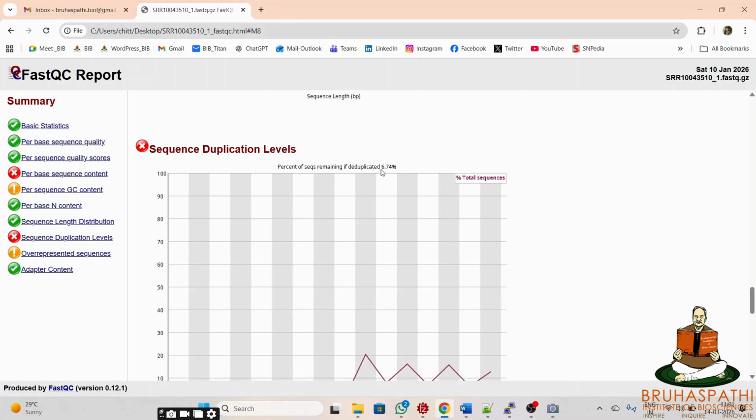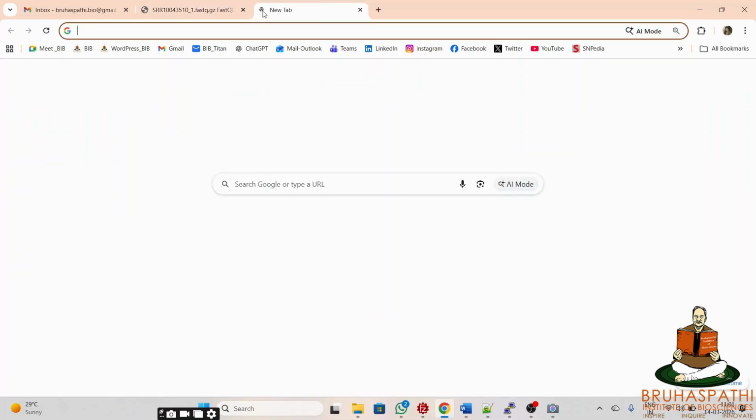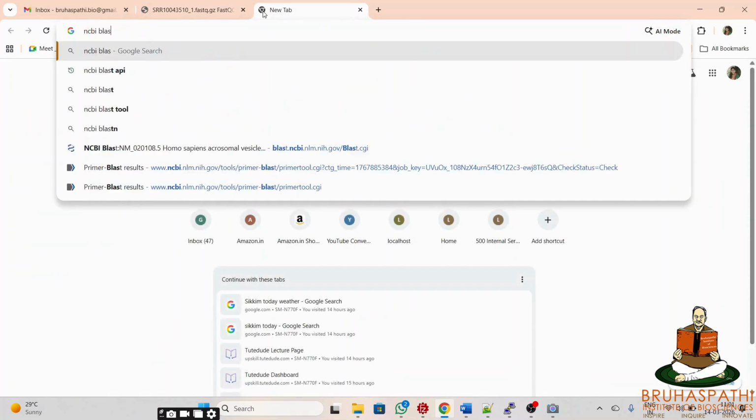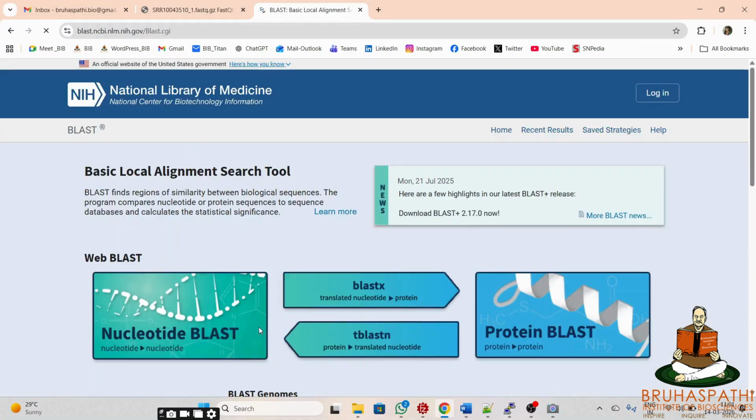Okay. Next comes the overrepresented sequences. Sometimes some portions of your sequences are overrepresented. We would be interested in what it matches to. For example, if you copy this particular sequence and go to NCBI BLAST, okay, it's taking some time.